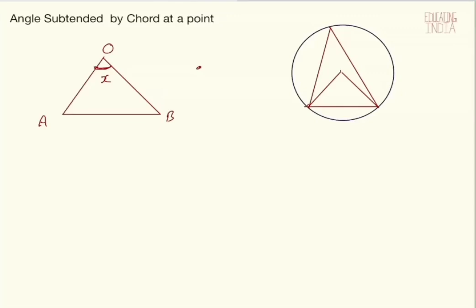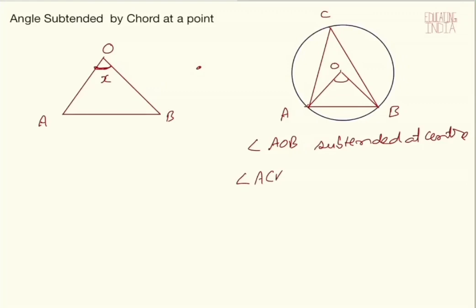So if the chord is AB, this is O, this is C, then angle AOB is subtended at the center and angle ACB is subtended at the circumference. So a chord can subtend an angle at the center as well as the circumference.